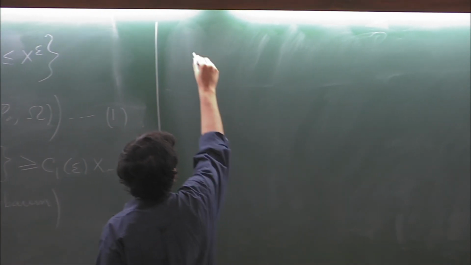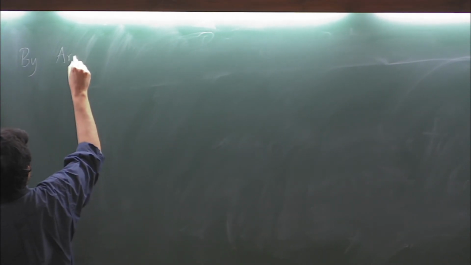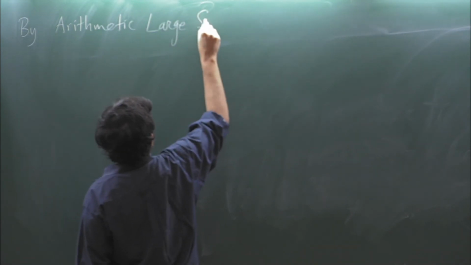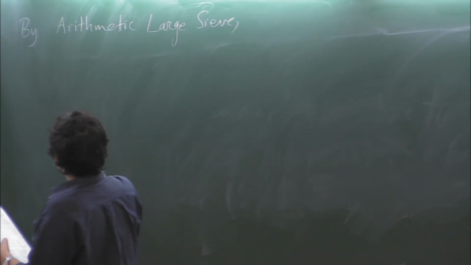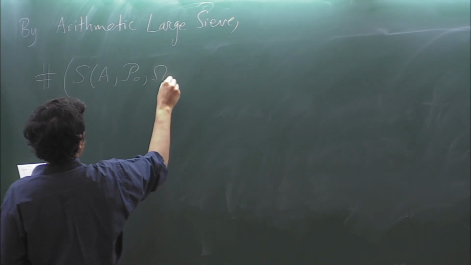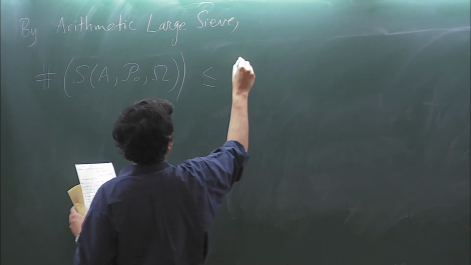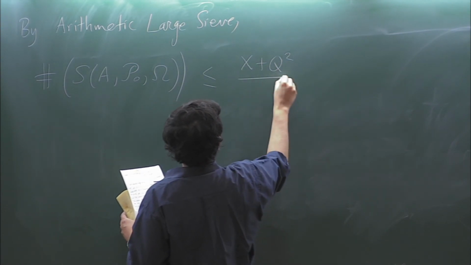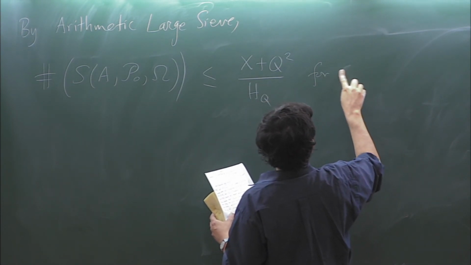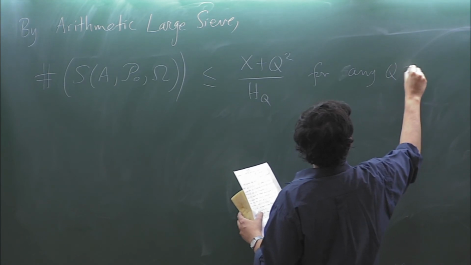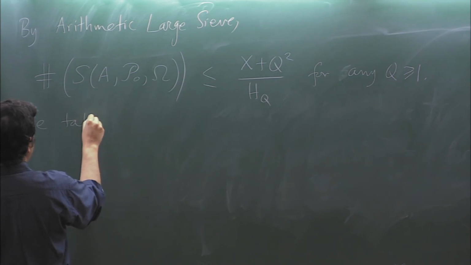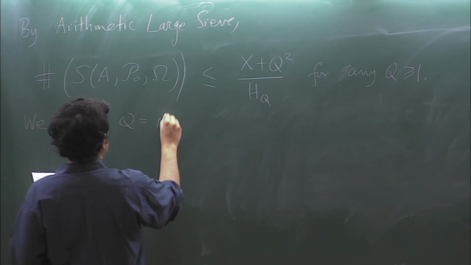So by the arithmetic large sieve, the size of this set is bounded by (x plus Q squared) over H_Q, for any Q. So we take capital Q to be square root of x.